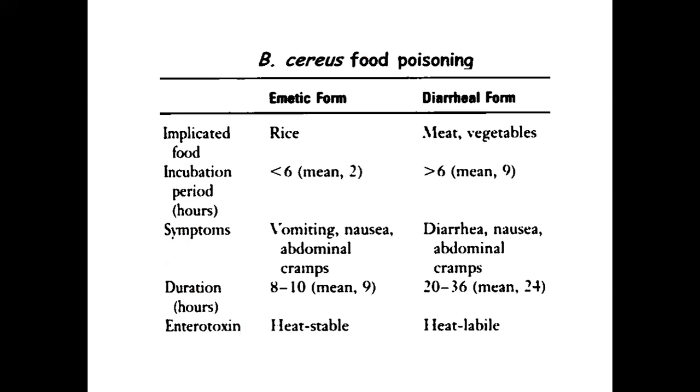Now, with the emetic form, which is characterized most significantly by vomiting, the food implicated is rice. Incubation period is usually less than 6 hours with a mean of 2 hours. The toxin involved is heat stable and it takes about 8 to 10 hours for the disease to last out. These conditions are self-limiting.